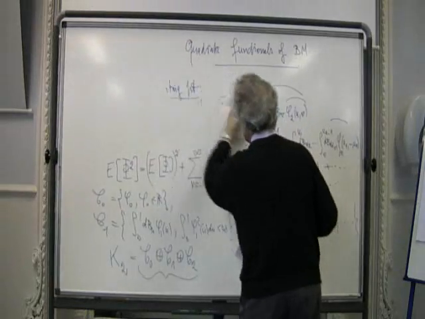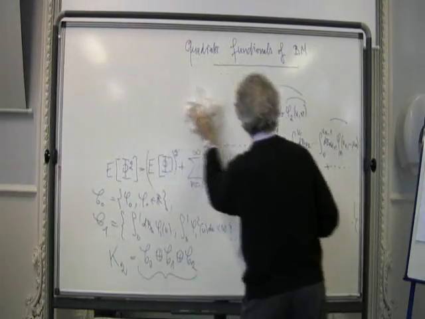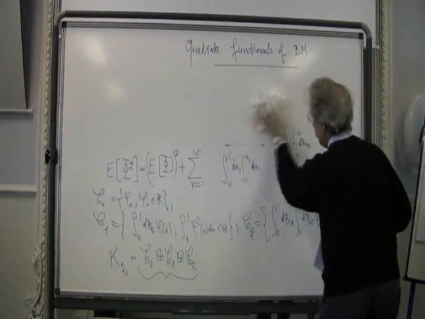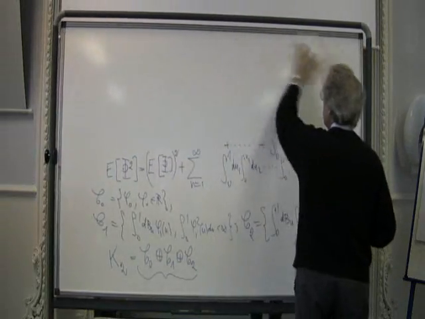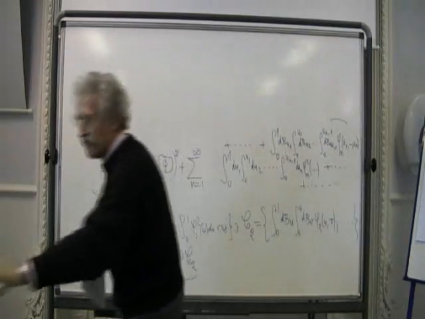Why single out K2? Well, first of all, C1 consists of only Gaussian variables.